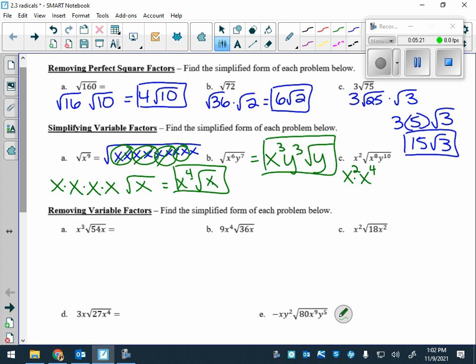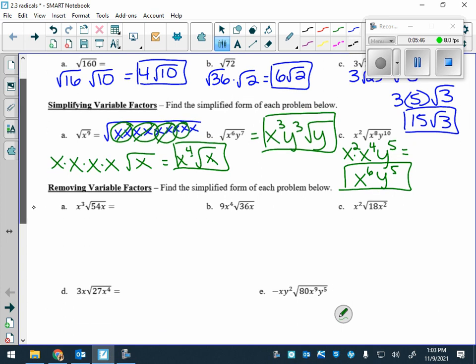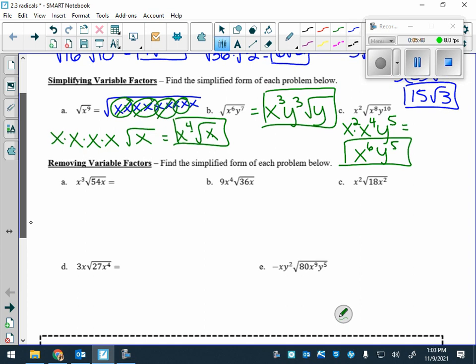Then how about our y? y to the 5th. So again, we multiply, which is adding exponents. x squared times x to the 4th is what? Good. And y to the 5th. There you go. Okay. All right. Questions on those?